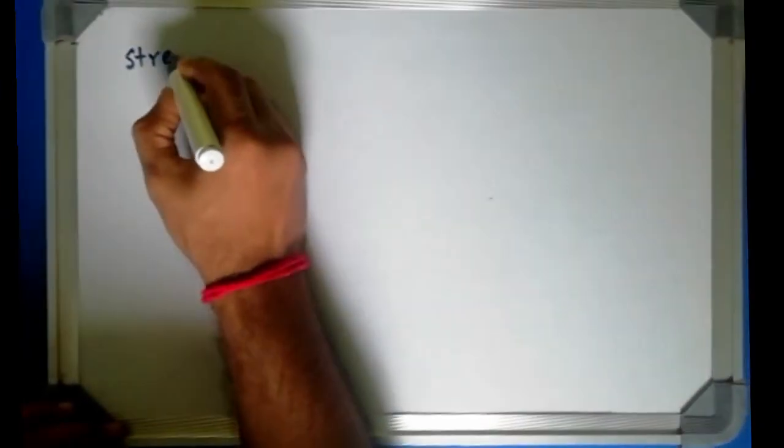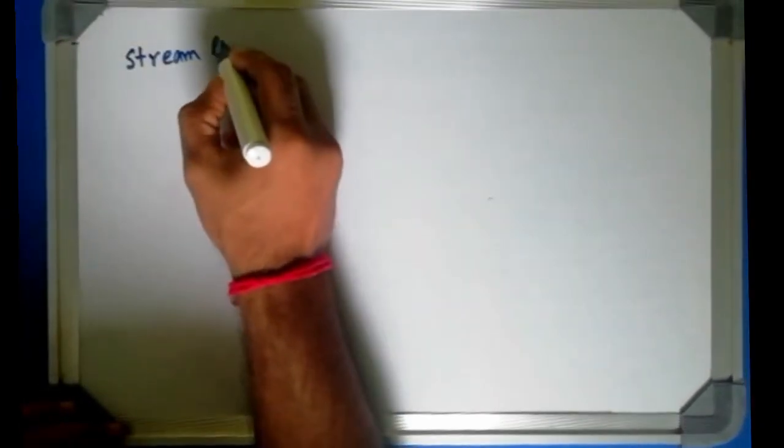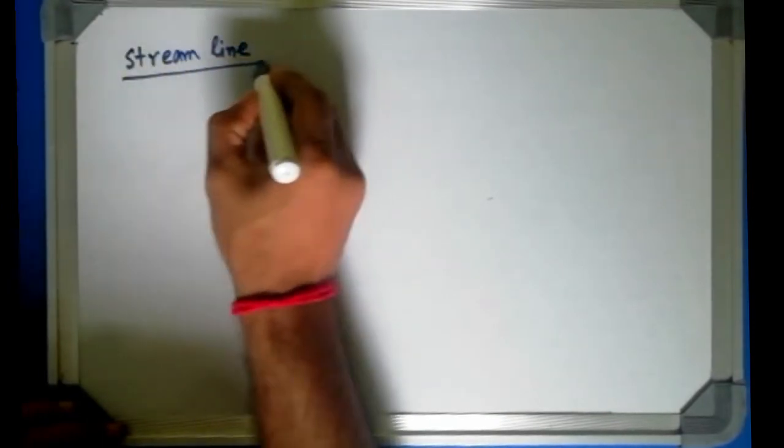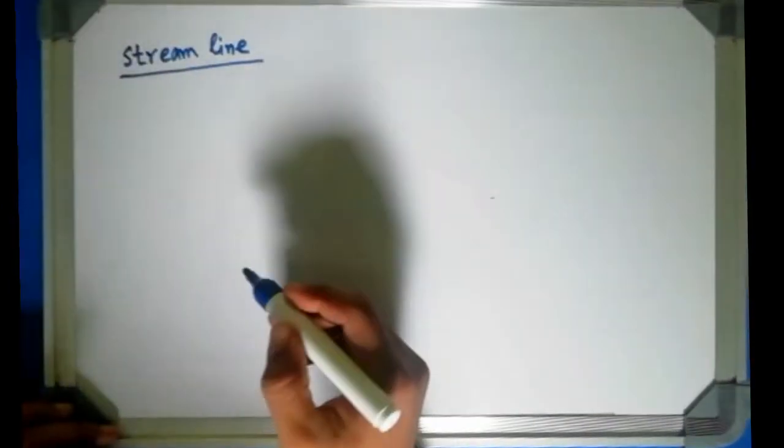Okay, before starting the topic stream function and velocity potential function, we have to know what is streamline. After that, it will be more clear regarding the topic for today, that is stream function and velocity potential function.